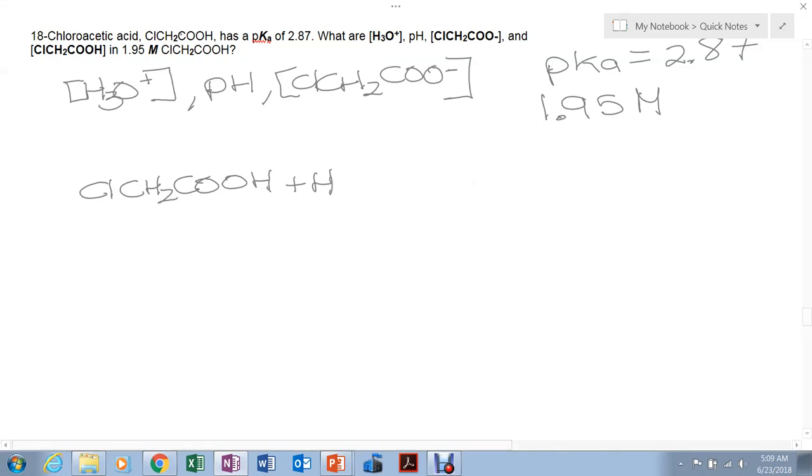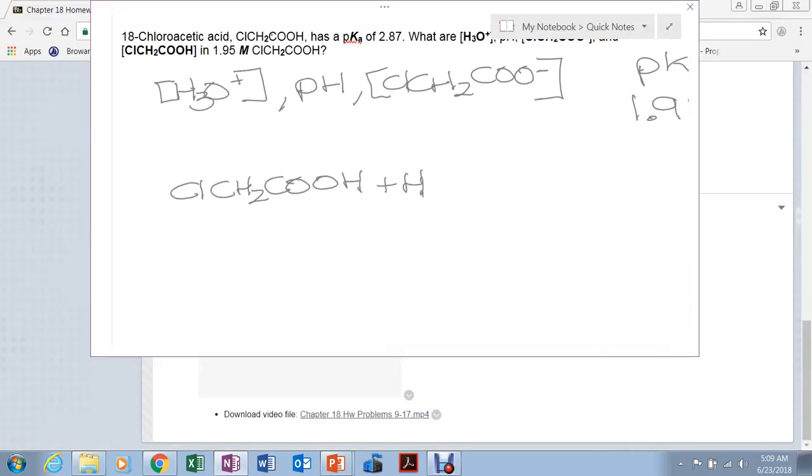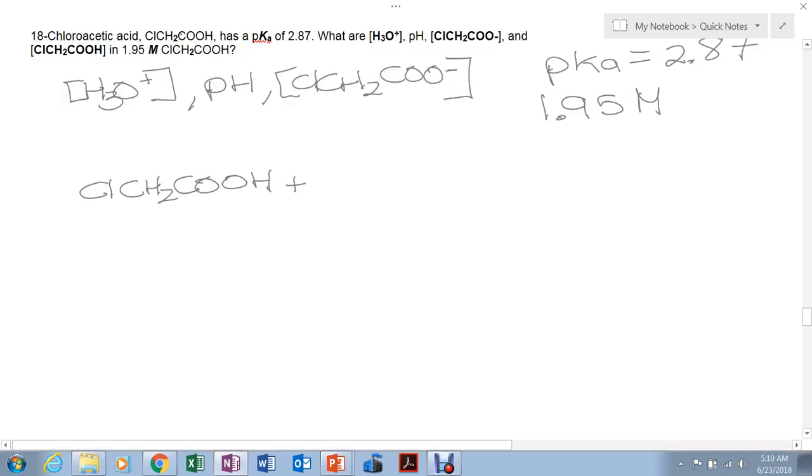So, plus water, weak acid, equilibrium, H3O plus and ClCH2COO negative, chloroacetate. And it's 1.95 here.